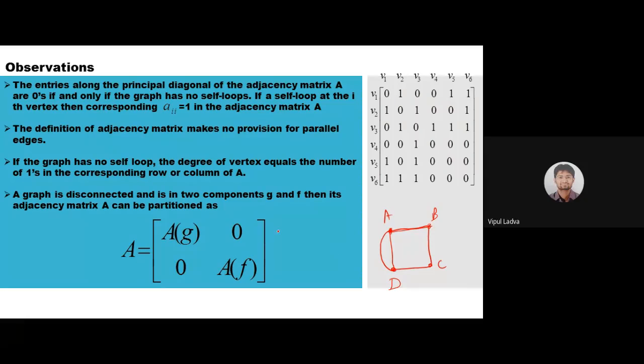When we deal with such graphs, we will be dealing with directed graphs, and for that we will make some provision. But for now, when we are dealing with the adjacency matrix, we are not allowing self-loops. We are not allowing any parallel edges, is it? Because if there are parallel edges, then the respective entry would have to be 2, since we have 2 different edges which connect V2 to V3 or V1 to V3, and the number 2 is not allowed right now in the adjacency matrix. So each and every entry in the adjacency matrix will be either 0 or 1.